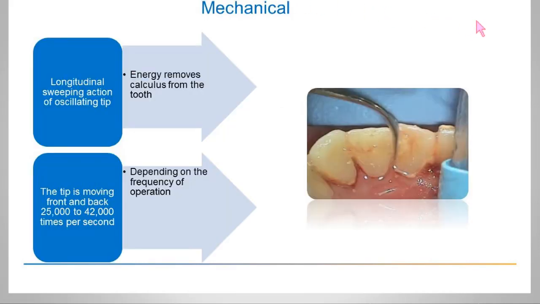Looking now at mechanical action. The mechanical action results from the longitudinal sweeping motion and rapid movement of the tip. The speed of the tip movement ranges between 25 and 50,000 cycles per second, which is measured in kilohertz. In other words, with ultrasonic scaling, the tip is doing the work versus the clinician being the power behind manual scaling.